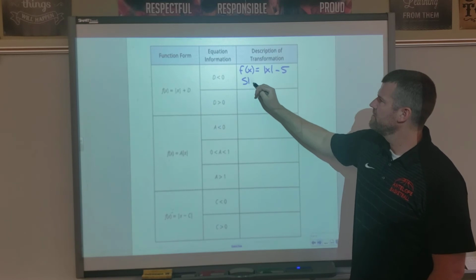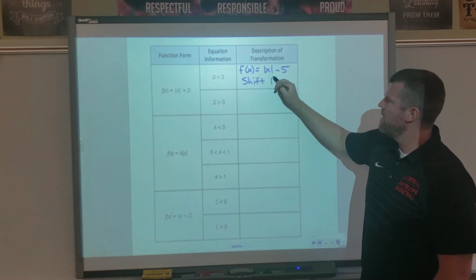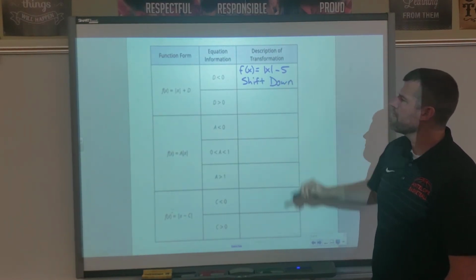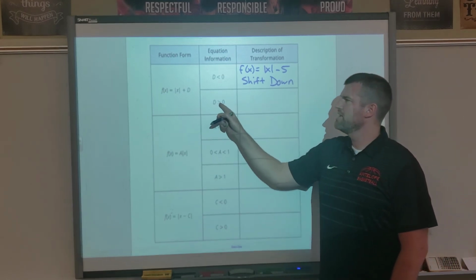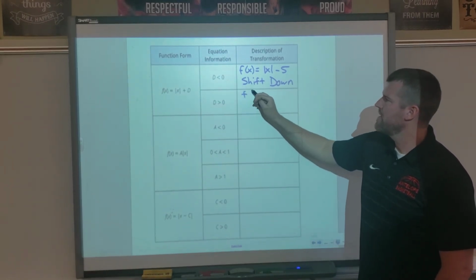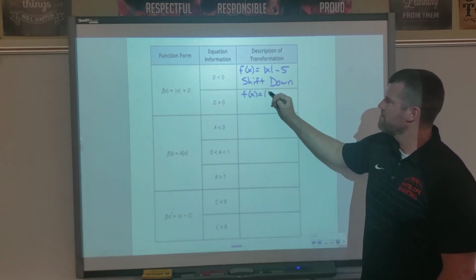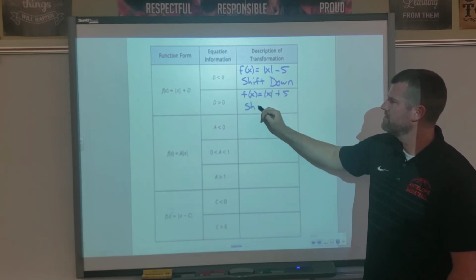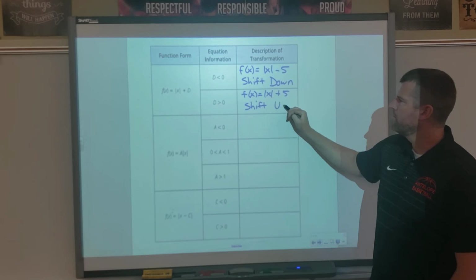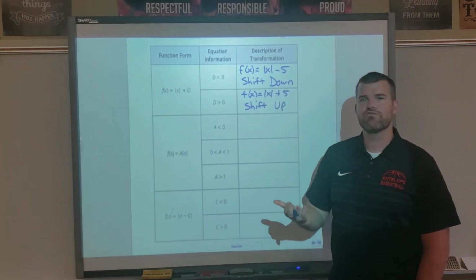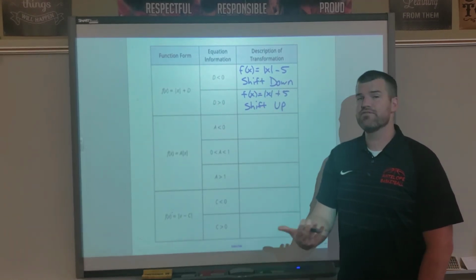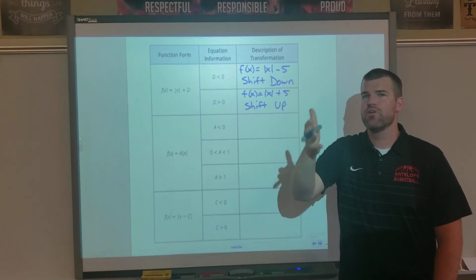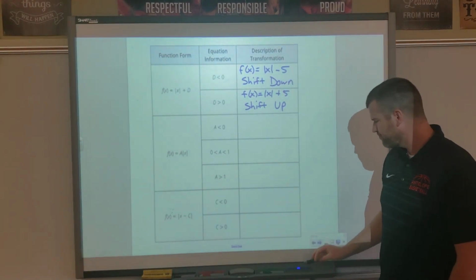It'll shift down. But if our d value is bigger than 0, such as f of x equals absolute value of x plus 5, the whole graph will shift up. Right? So that value at the end moves our graph up or down. Doesn't flip it, it just moves the whole thing up or moves the whole thing down.